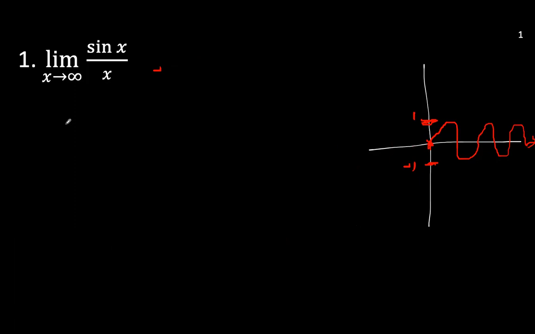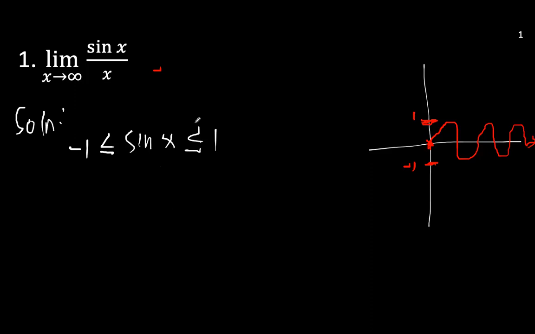Okay, so using the squeeze theorem, this is our solution. And we know that sine x is less than or equal to 1, but greater than or equal to -1.